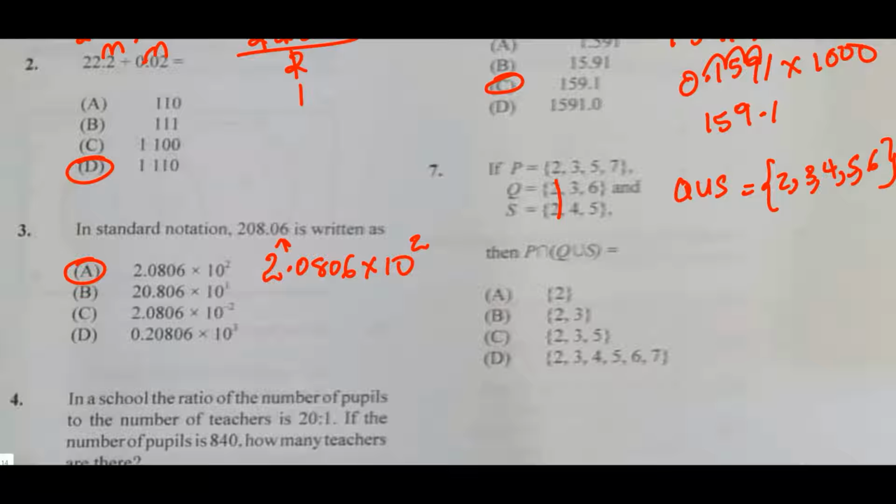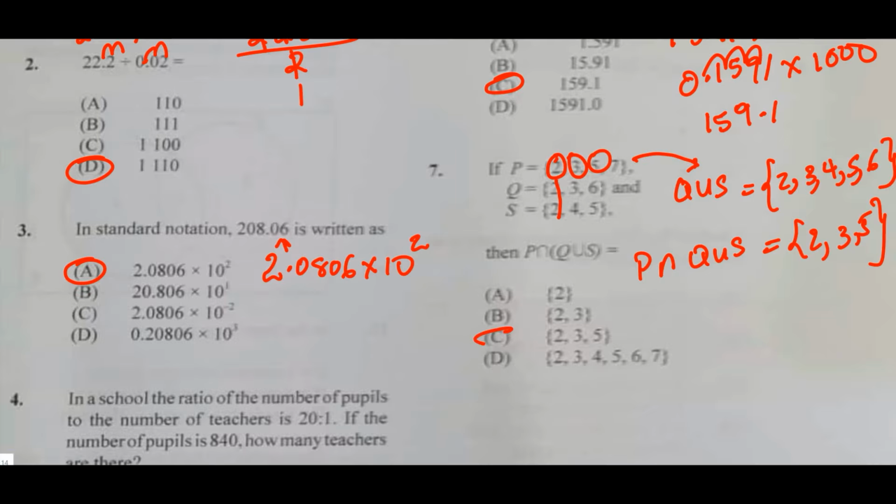So this is Q union S. Now P intersect Q union S. Now look at this set P and let's look at what they have in common. So they have 2, they have 3, they have 5. So that's given the set of 2, 3, and 5. So which one matches? C matches.